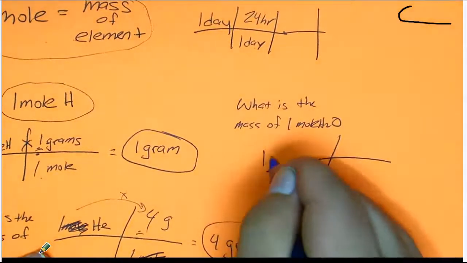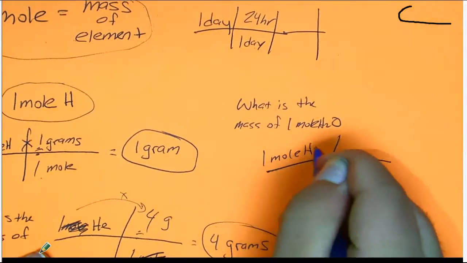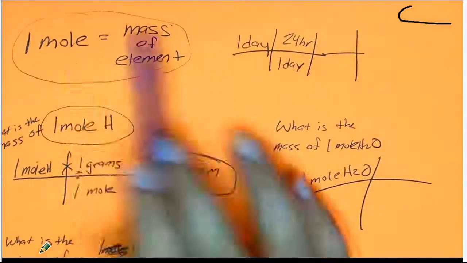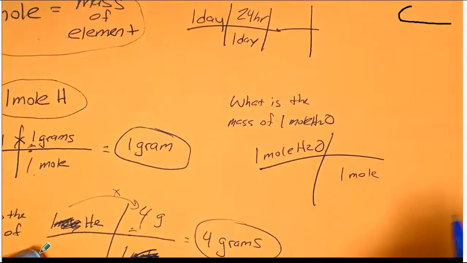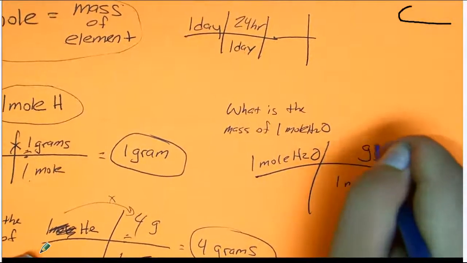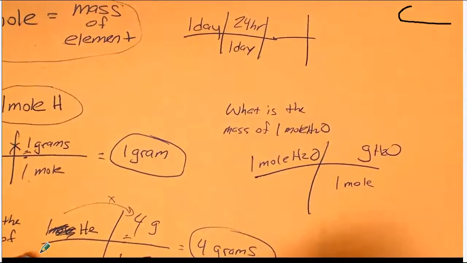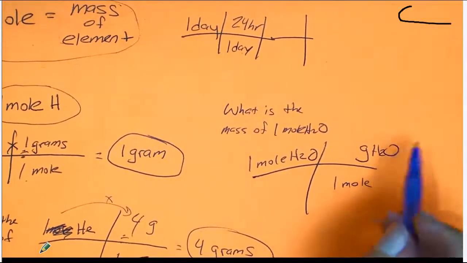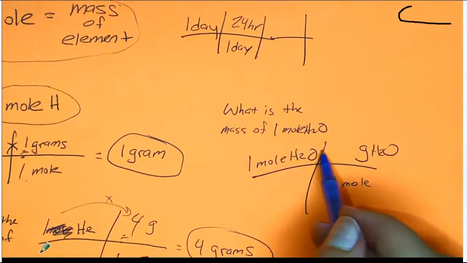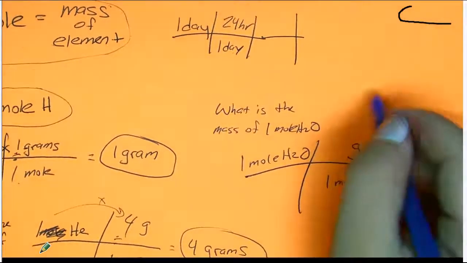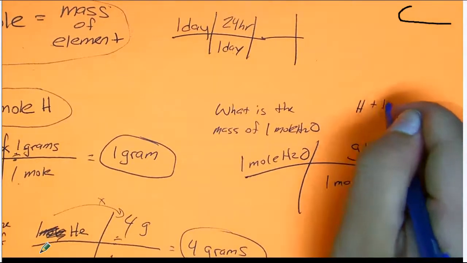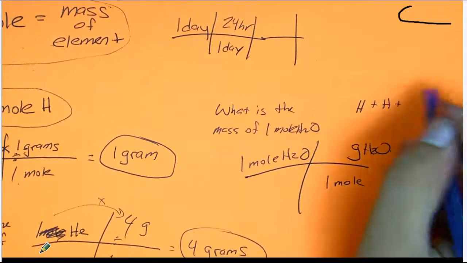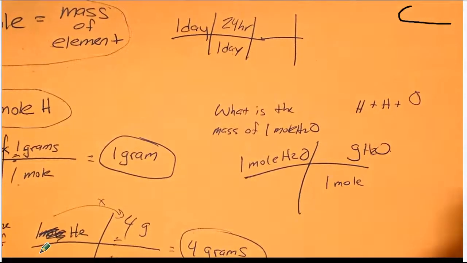First thing I know is 1 mole of H2O. Looking at my conversion, I have 1 mole, so my 1 mole is going to go on the bottom. On top, I'm going to have grams of H2O. Now, that is multiple elements here, and I don't know the grams of H2O. I know I have two H's and 1 oxygen, so I have to look at the mass of all of those.